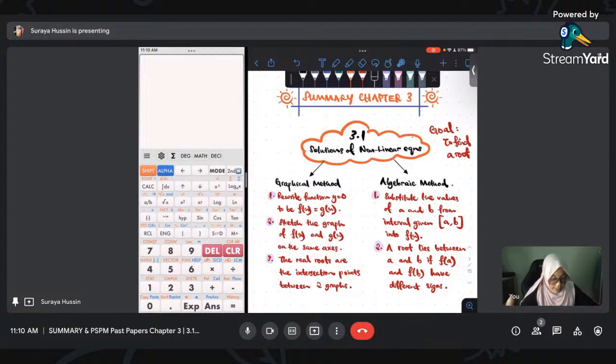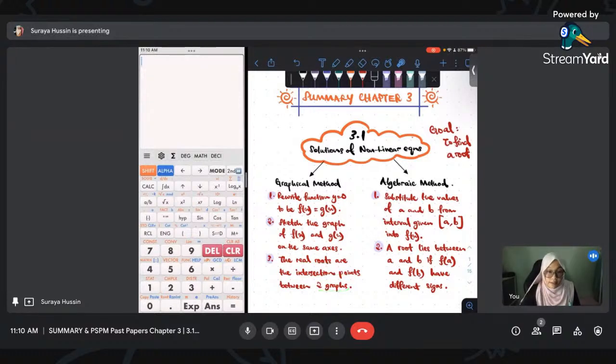Okay, saya dah ingatkan banyak kali kan, dan yang kamu kena pakar. How is the shape of the exponent? How is the shape of the logarithm? You know, daripada situ setiap kali dia minta sketch, kamu pandai nak lukis. No problem at all.